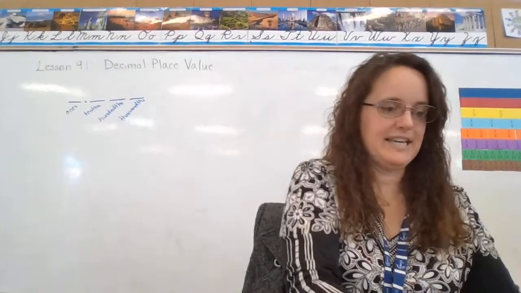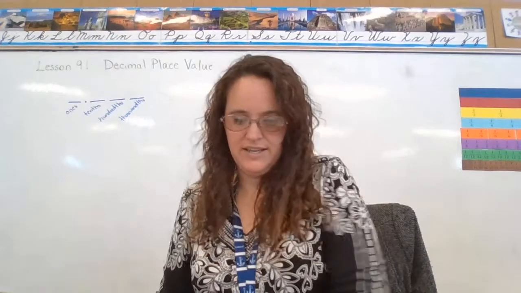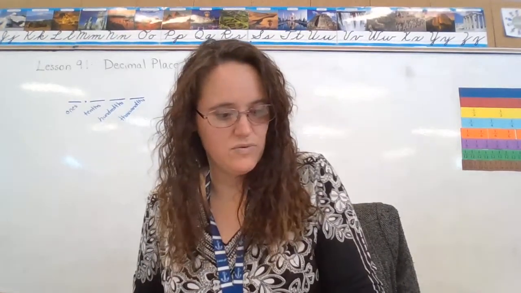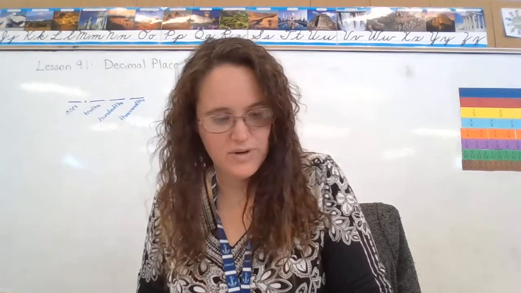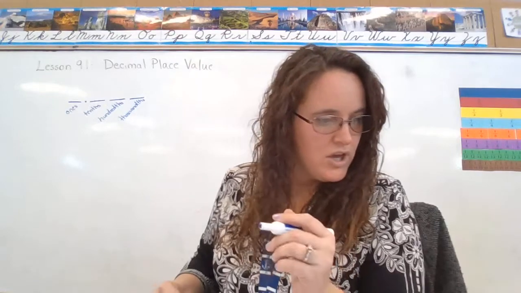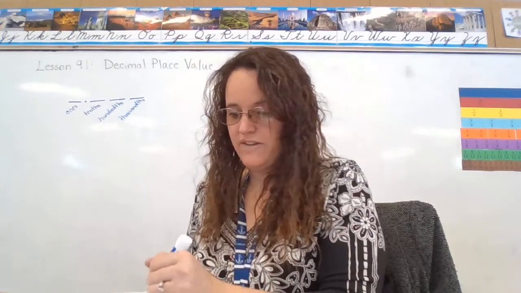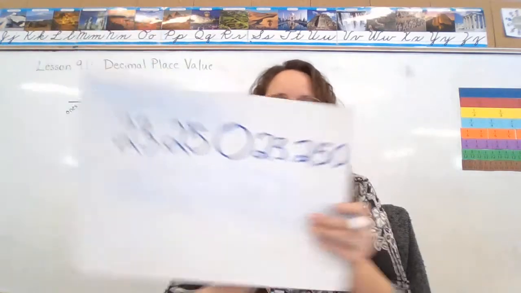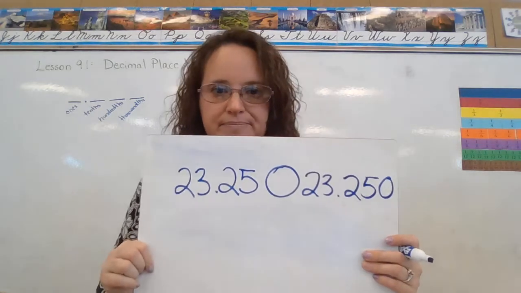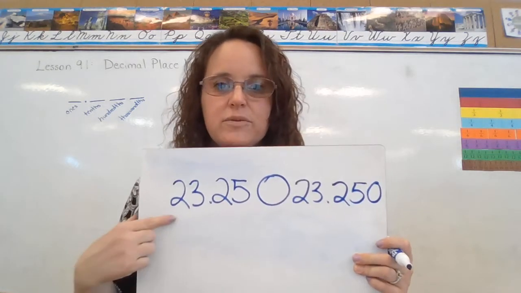Okay, our next example has us comparing two numbers. So I'm going to write them down so you can see them. We've got 23 and 25 hundredths compared to 23 and 250 thousandths. So take a look at that. They're trying to trick you here. So my recommendation when we're comparing numbers is to start with the biggest digit.